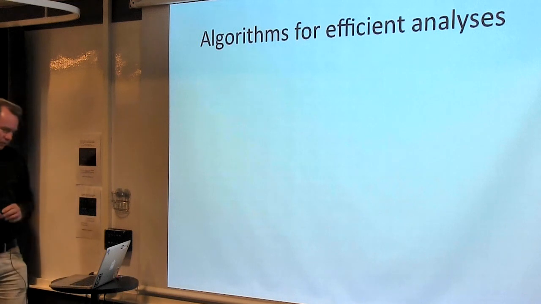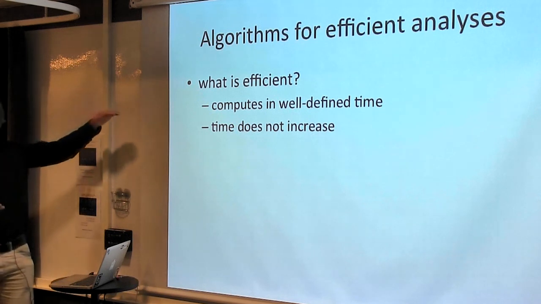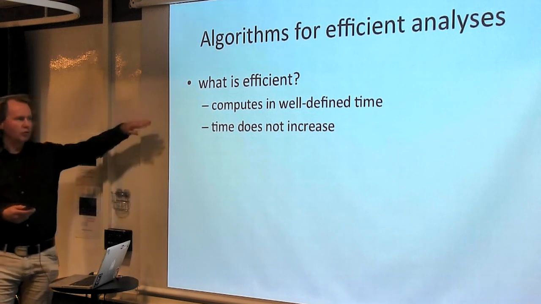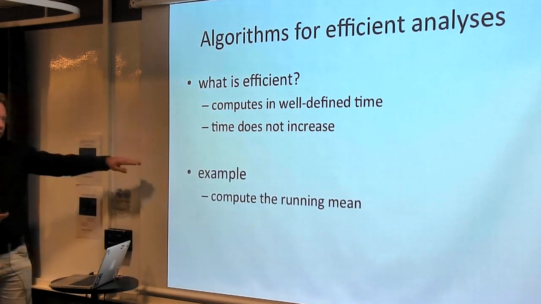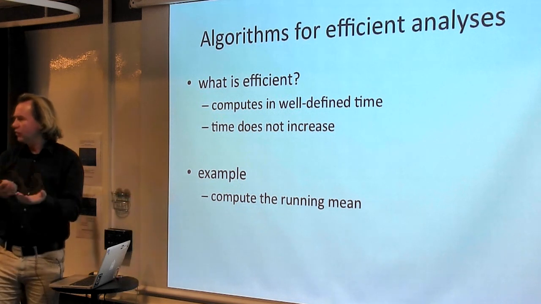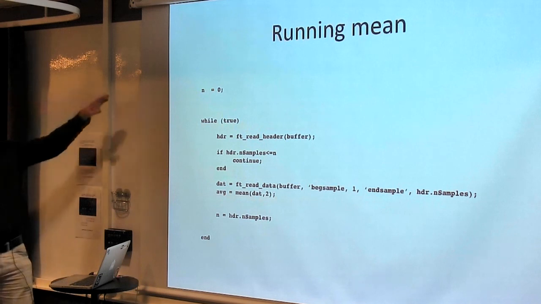Okay. Well, what do we need for efficient analysis? Efficient is if it computes in well-defined time. That means that during the course of the experiment, time should not increase. And what I'm going to show as an example is a running mean. So it's just an idea of how you have to think about doing the analysis. So I hope you can read the text.